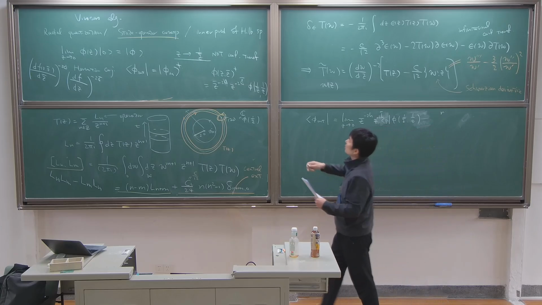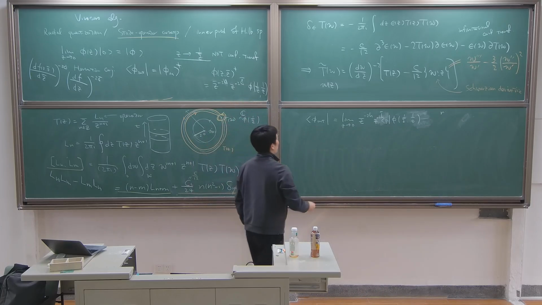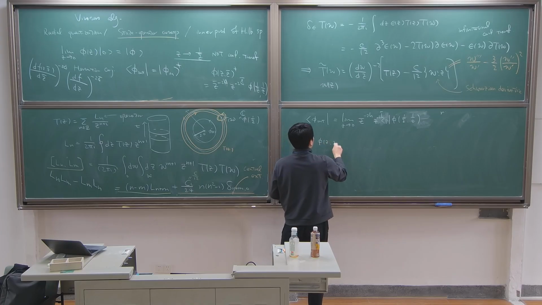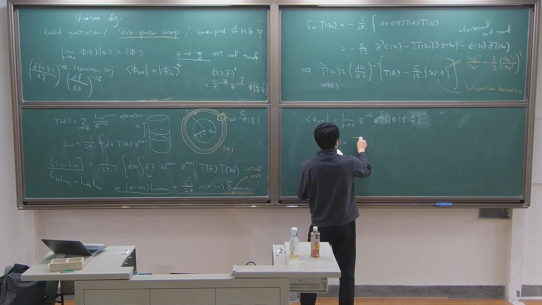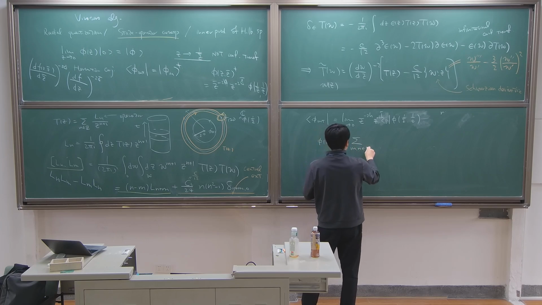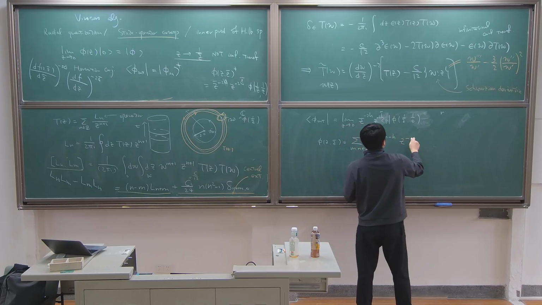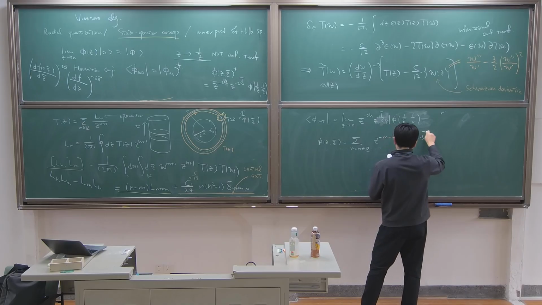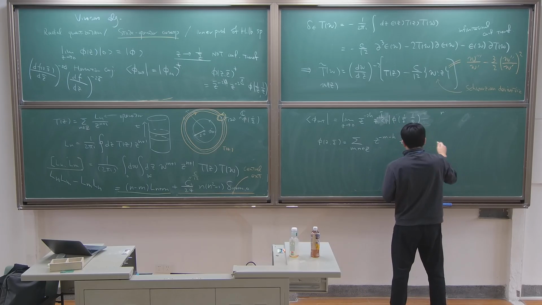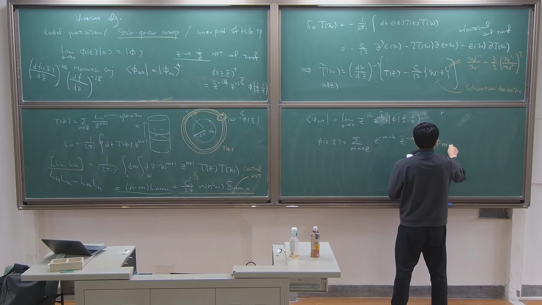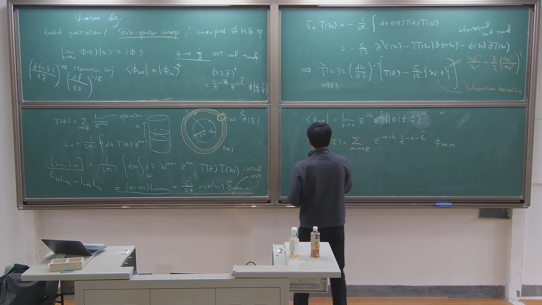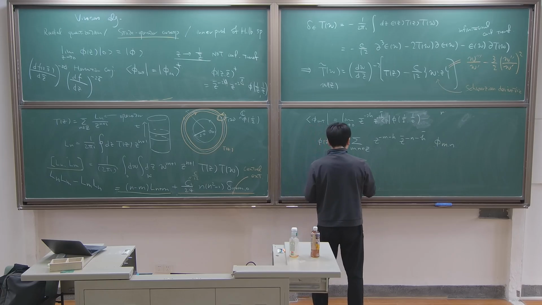The consequence of multiplying this one is as follows. If you have this phi of z with the following mode expansion, sum over m, n of z to the minus m minus h, z bar to the minus n minus h bar, phi m n. Then phi dagger of z and z bar should be as follows.